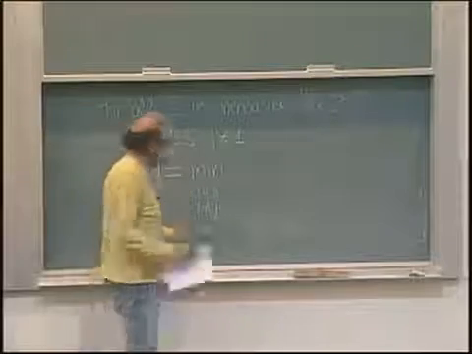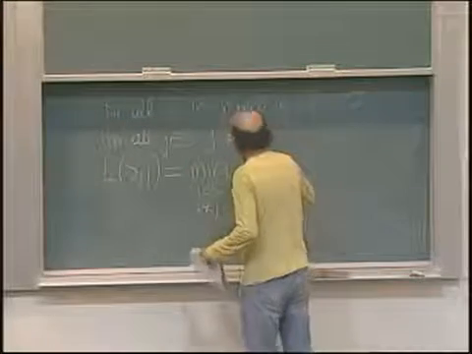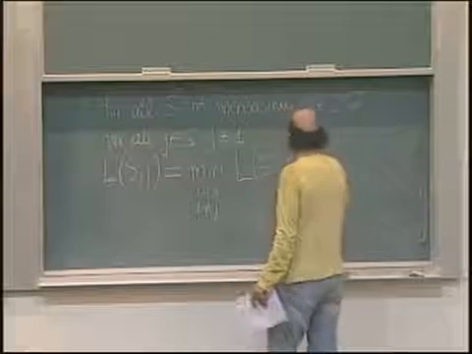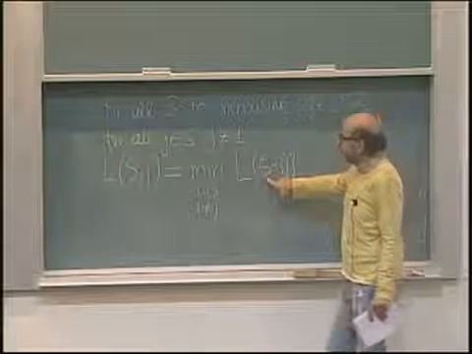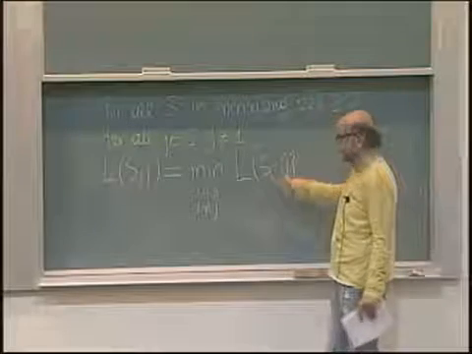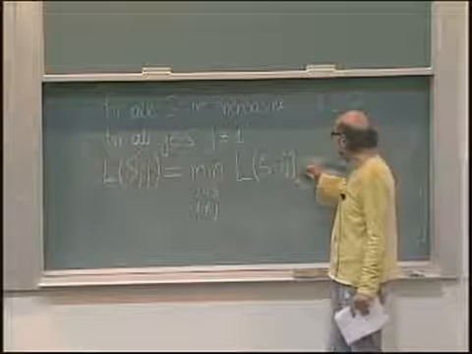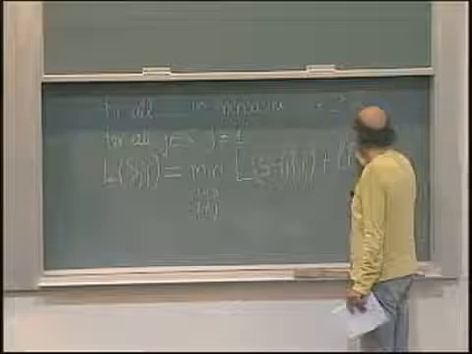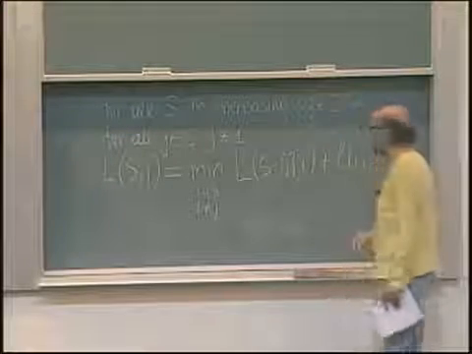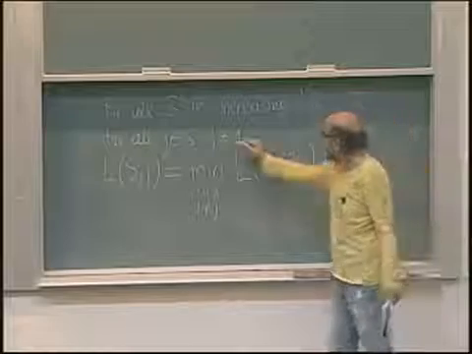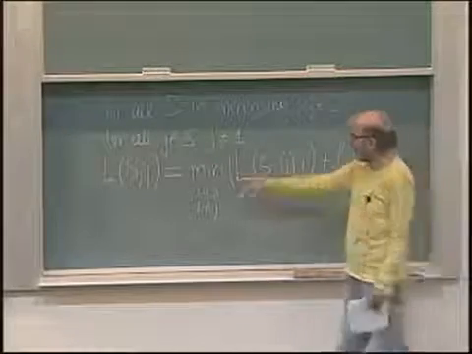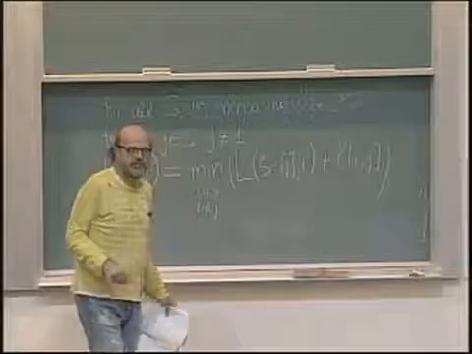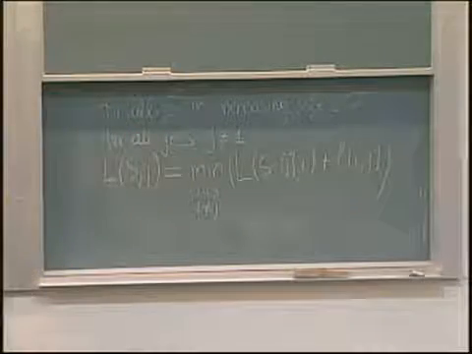So it's the minimum over all such i of the length to start from 1, visit all cities in S except j, and end up in i, and then you have to go from i to j. That's it. It's the minimum of this expression over all possible next to last stops in the tour of the set S, starting from 1 and ending in j.